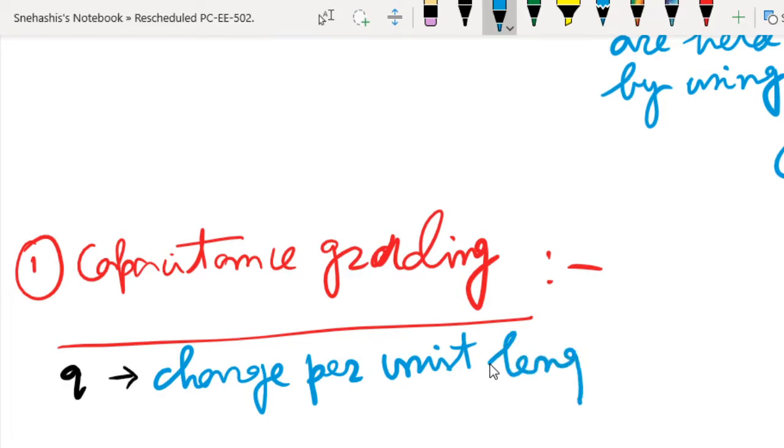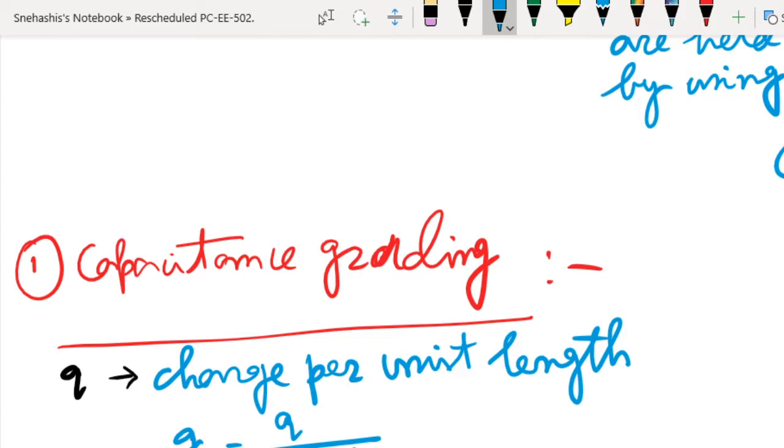If we have one single dielectric material, then the gradient at the radius x is G equal to q by 2 pi epsilon x.